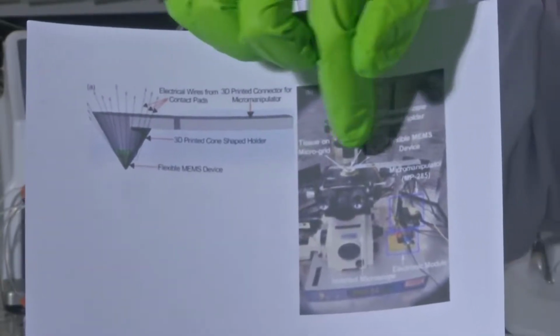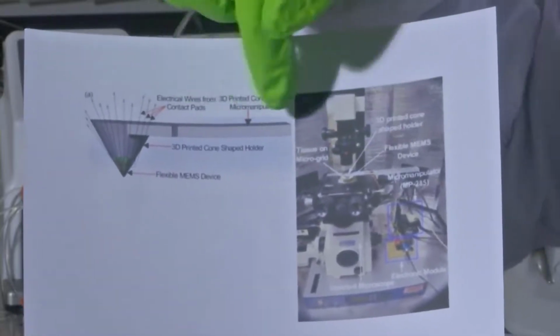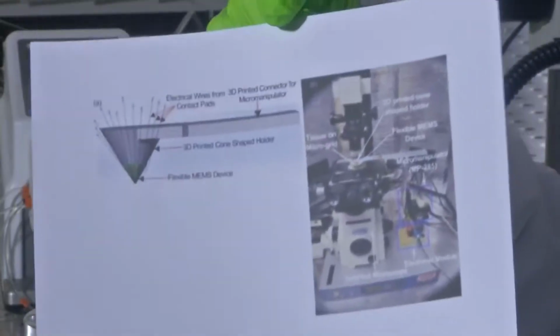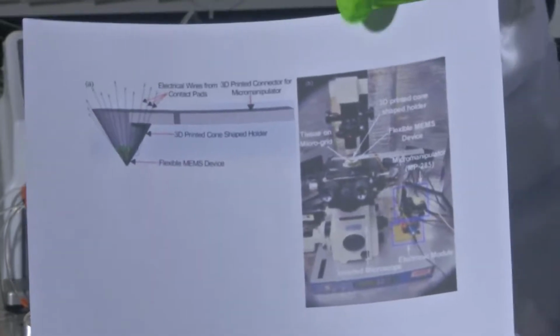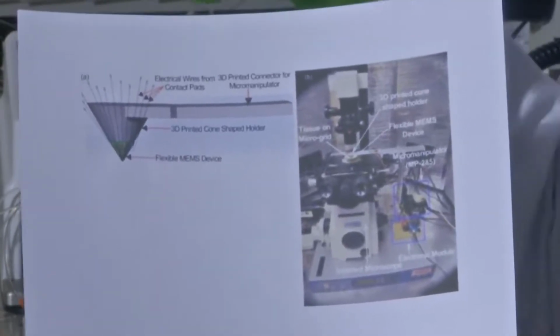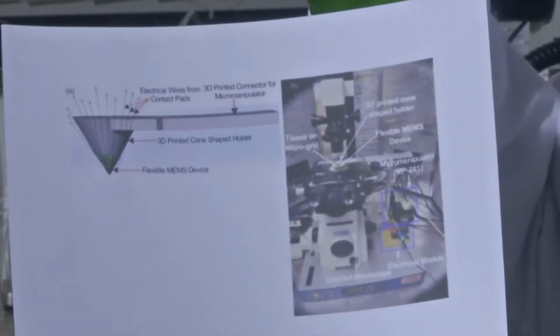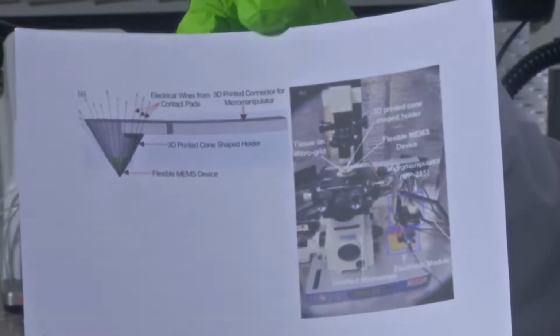And here is the cone structure which is being supported on a manipulator. So, this is one such application where the sensor array is mounted on a 3D printed cone, and the entire control over the movement is done using the micro manipulator.